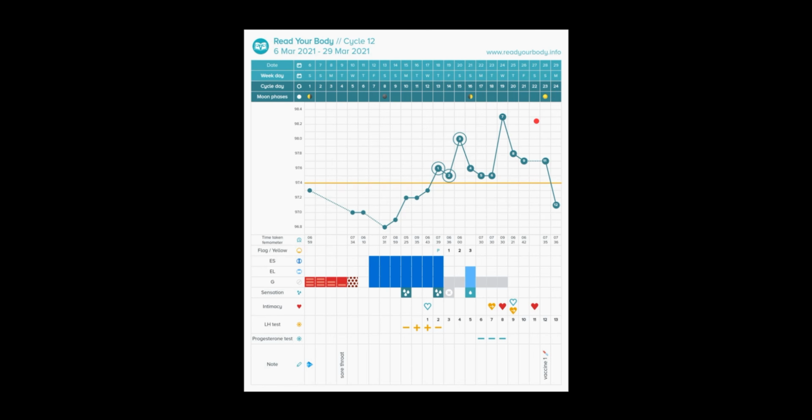Fertility awareness is an incredibly powerful tool that can empower people to really, I know it's cliche, but really to take charge and take control of their body and of their cycles, and to really cultivate and deepen their mind-body connection as they move through life. So this is something that has been incredibly powerful for myself.